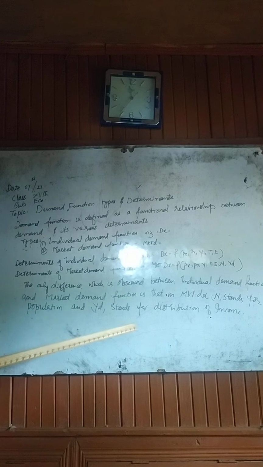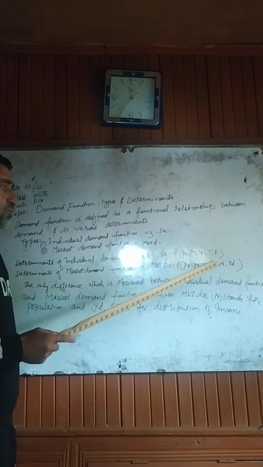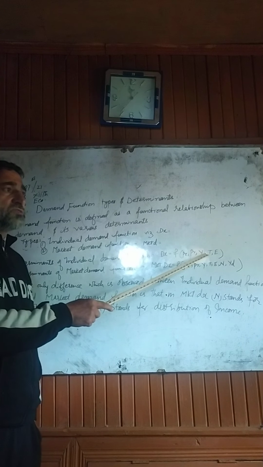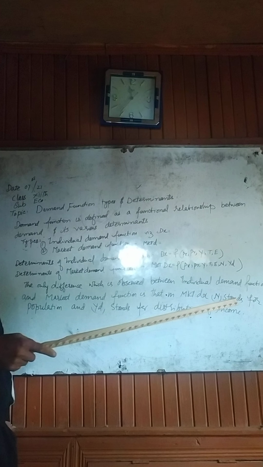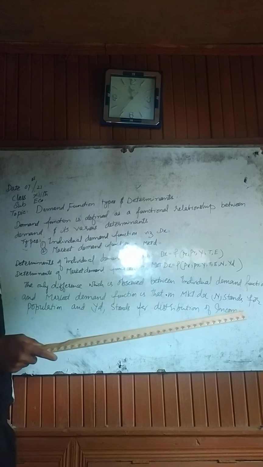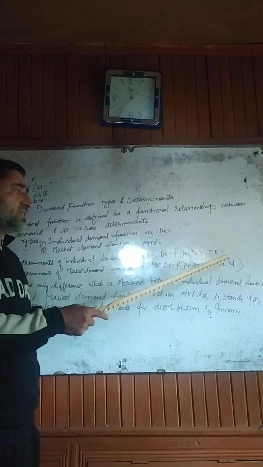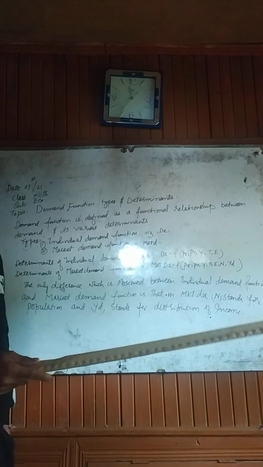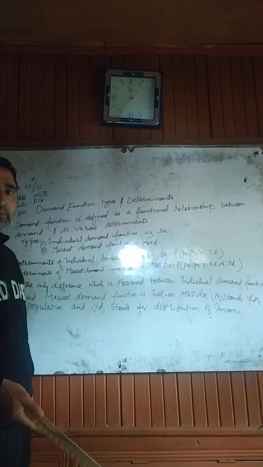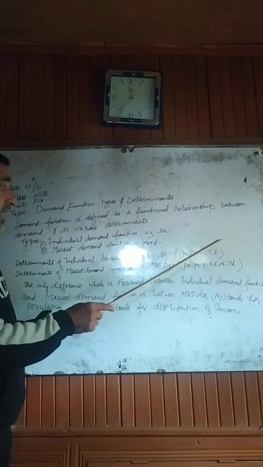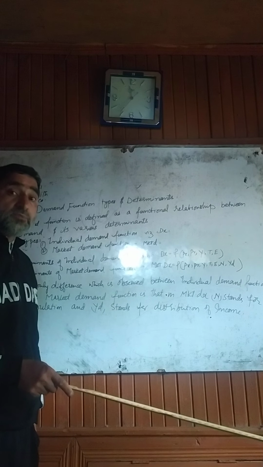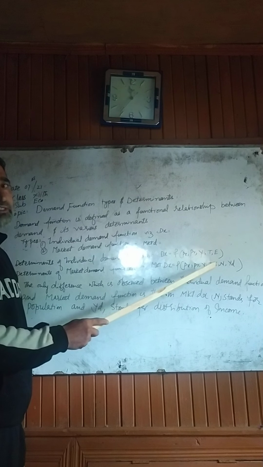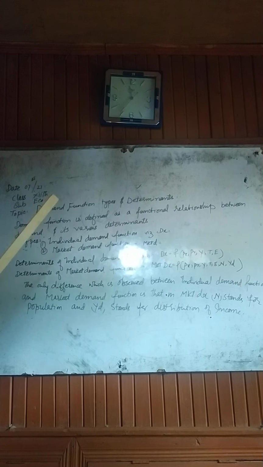Expectations refers to that the consumer sometimes is apprehensive of the price change. He says that maybe in the near future the price of the commodity may increase, and he will try to purchase more at the present juncture. And if he expects that the price of the commodity may fall in the near future, he will not buy more of it. So it refers to expectations of the consumer.